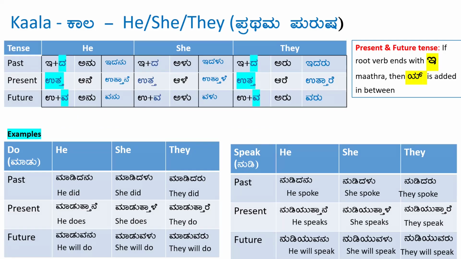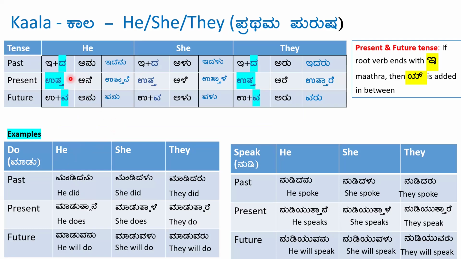Now we will see how the verb changes when the action is done by different people: he, she, they, I, you, neuter gender object, etc., in simple present tense, simple past tense, and simple future tense. So, let's start Kala for he or she. If the action is done by he, she, or they, how does the verb change in Kannada?